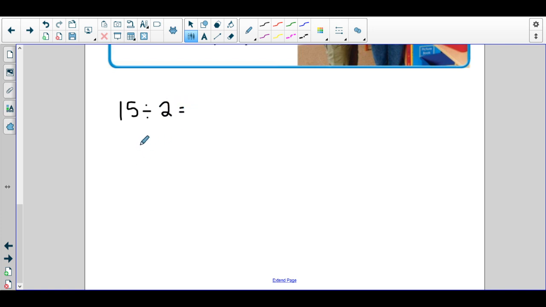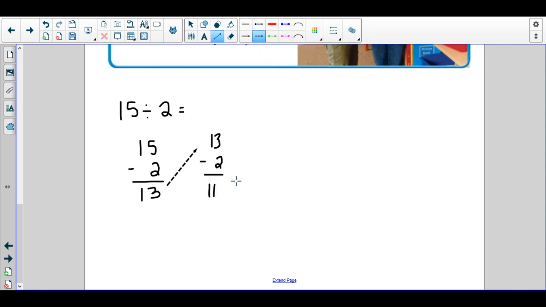Well, we're going to do the same thing. We're going to start with 15 and we're just going to keep subtracting 2 until we have nothing left. All right, so that's 13. Okay, and we'll go ahead and bring that 13 up to here. 13 minus 2 is 11. Bring the 11 up.